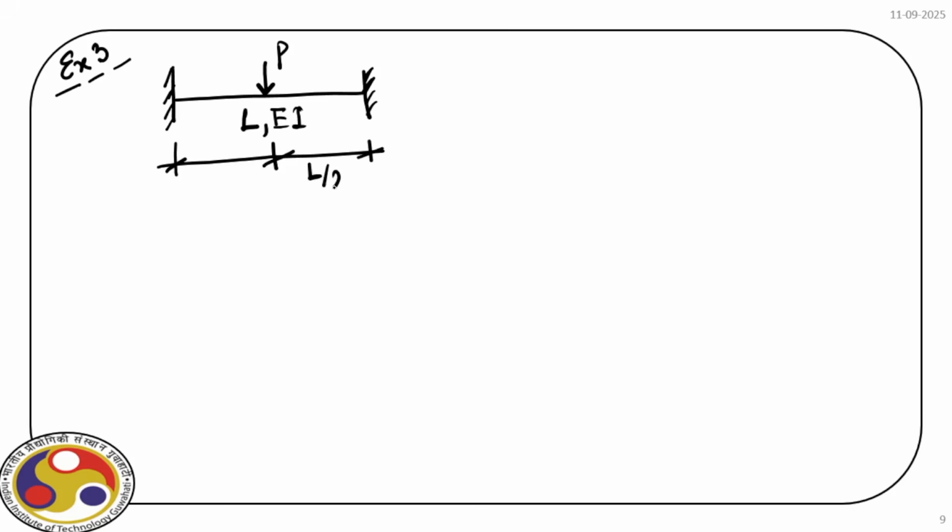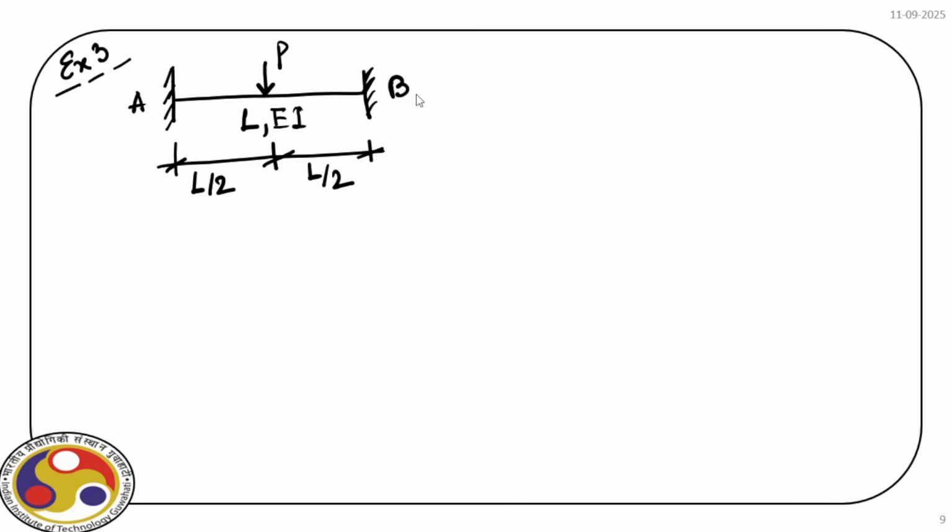So we have L by 2 here, L by 2 there, and this is AB. Now for this structure, we have to find out the reactions at the end B.